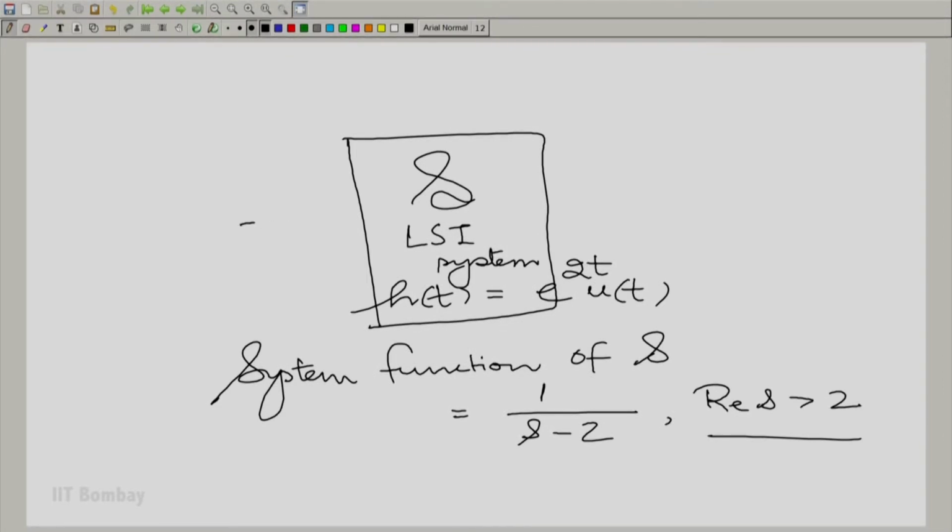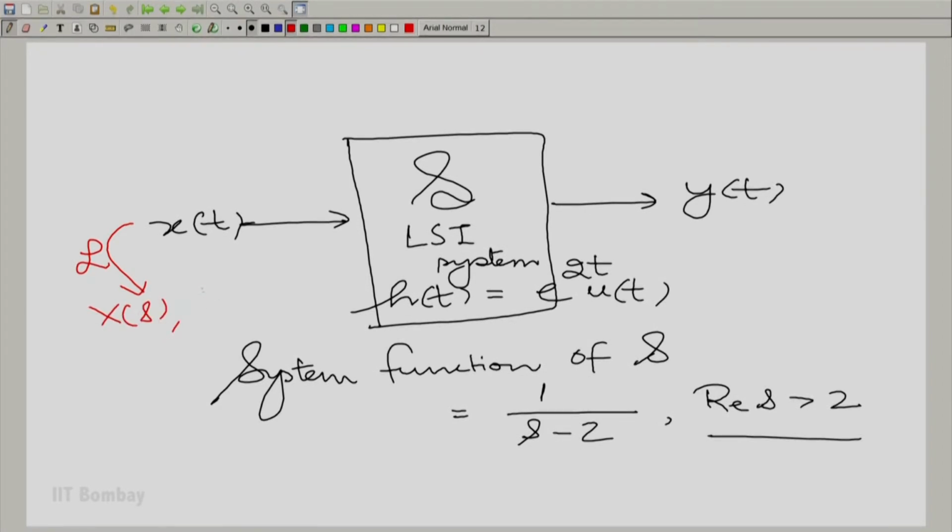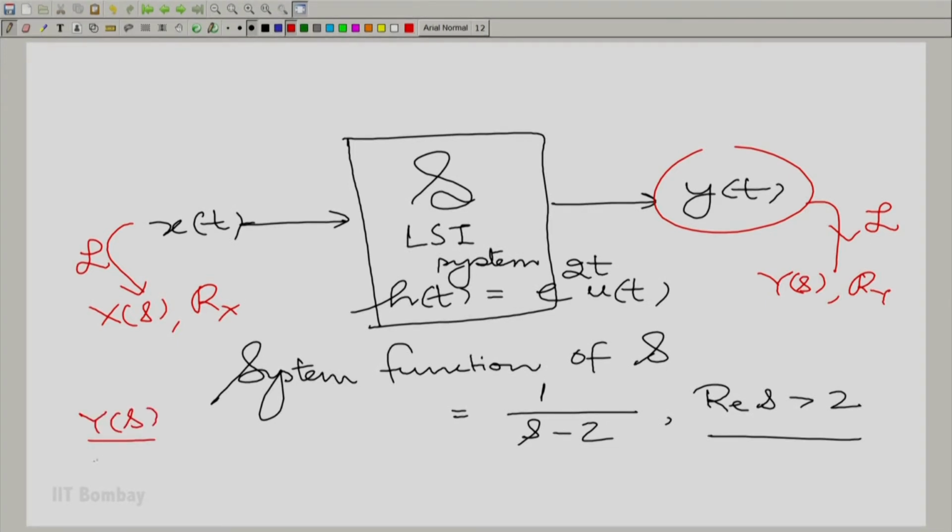And it would always be true that if x(t) were given to the system and y(t) came out, and if both of them had Laplace transforms, so this had a Laplace transform X(s) with a region of convergence R_x, and the same here, then Y(s) divided by X(s) would be equal to this quantity.